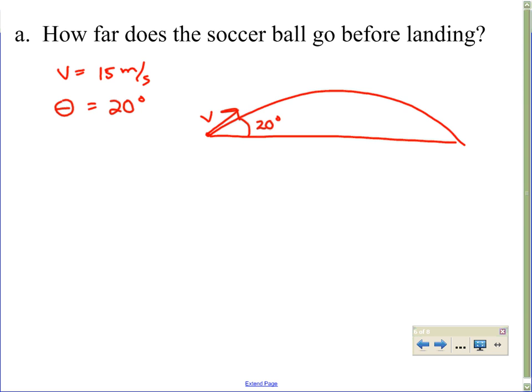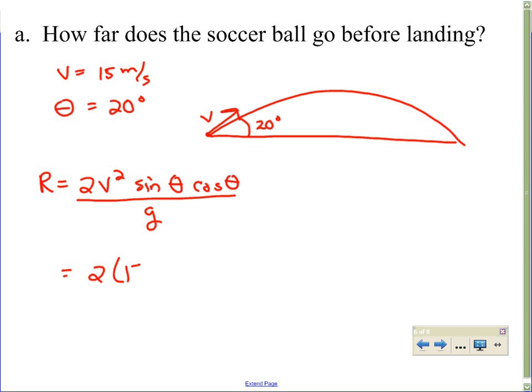So part A asks for the range, and range is 2v squared sine theta cosine theta divided by g. So plugging in our numbers for this problem, we have 2 times 15 meters per second squared. Remember that squared, it's really easy to skip that.